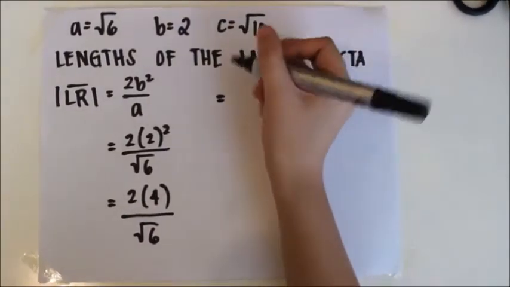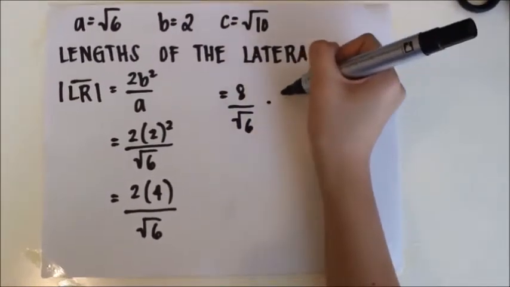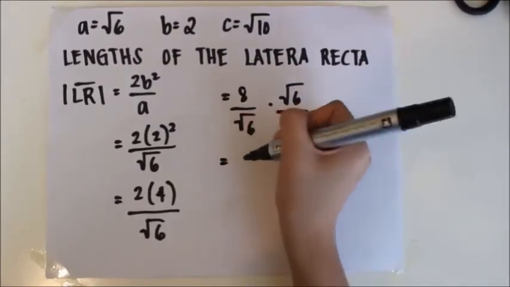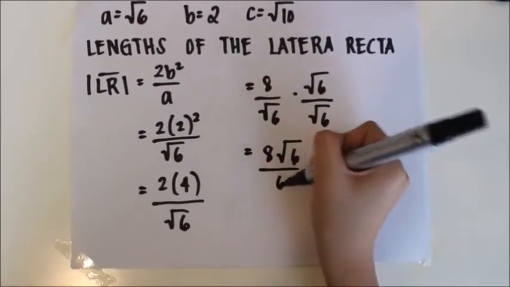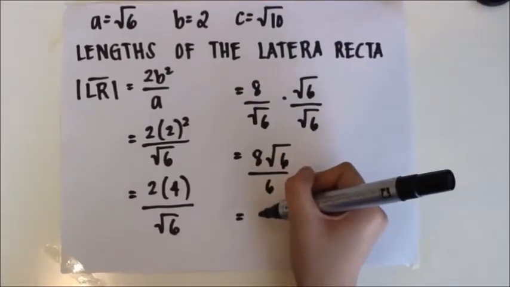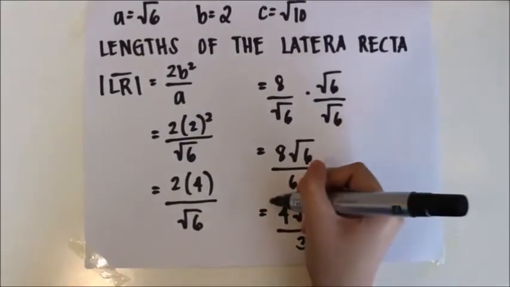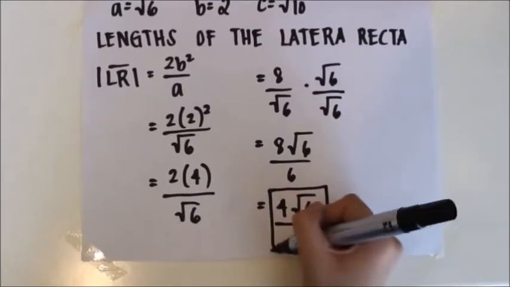And that gives us 8 over square root of 6. We rationalize it by multiplying it by square root of 6 over square root of 6, giving us 8 square root of 6 over 6. We simplify it, and then we get 4 square root of 6 over 3, which is the length of our latera recta.